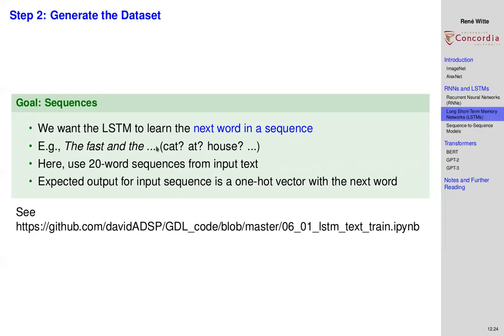For example, here, a noun would be a lot more likely than a preposition. So for the network that we're going to build here, we're going to use 20 word sequences as the context. And this is what we feed in as input. And the output from the network is a one-hot vector, which shows us the next word in the sequence.